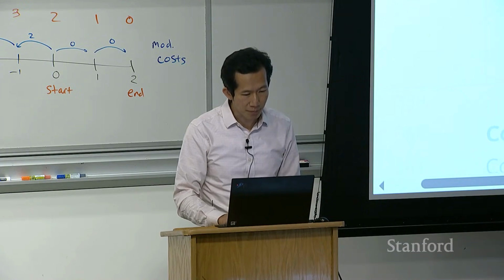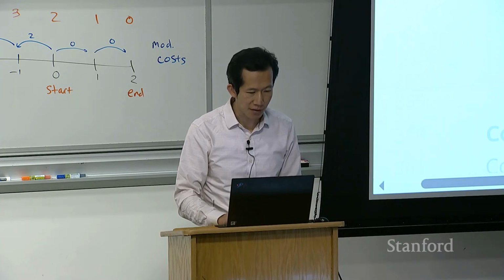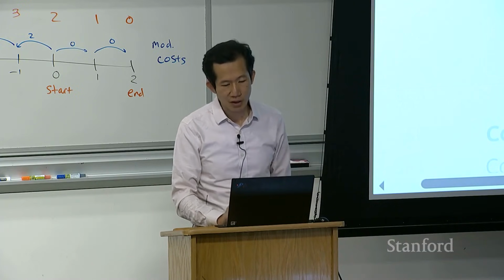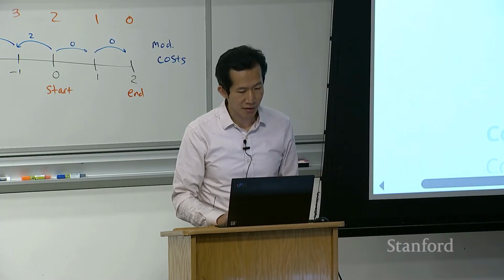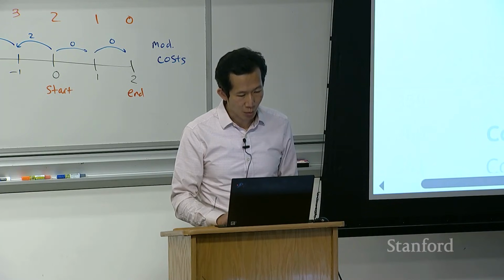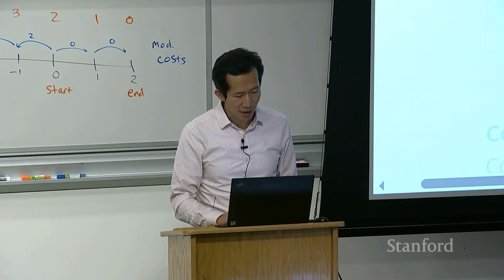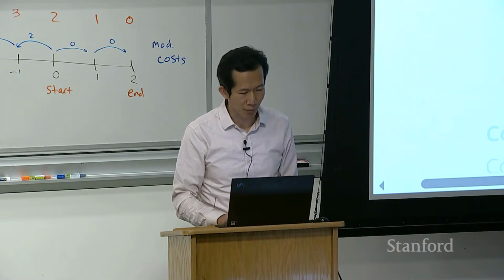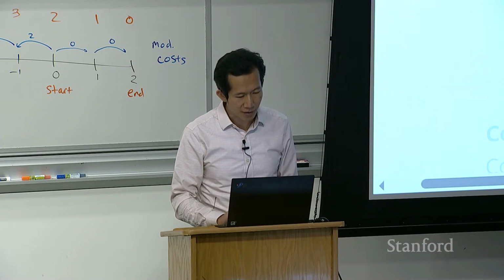Here's an example where it fails. In red here are the heuristic values at each of these states. In blue are the edge costs of the original problem, and in purple are the modified edge costs. What's going on here is this 1,000. Here's the optimal solution: 2 plus 1 is better than 1 plus 5, and this heuristic is bad.